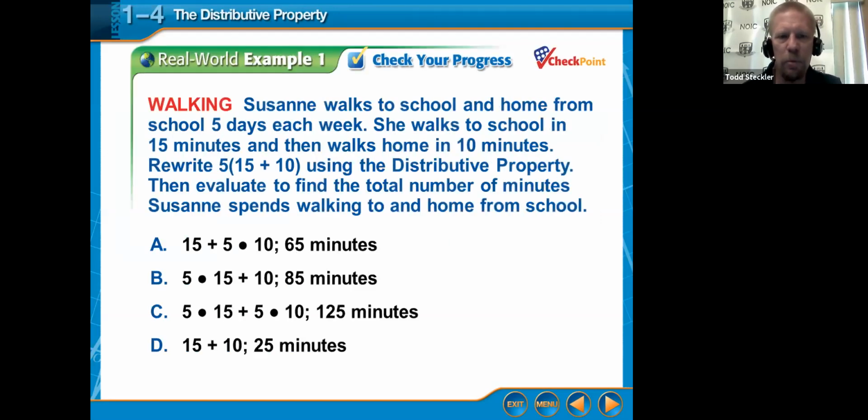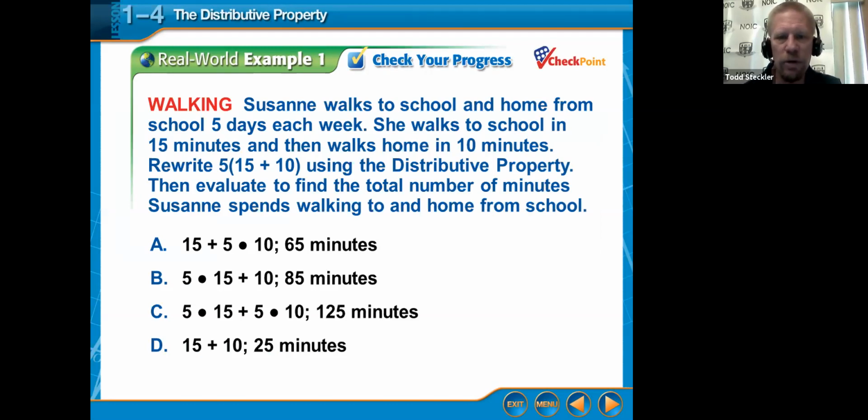Let's work out an example problem. So Suzanne walks to school and home from school 5 days a week. She walks to school in 15 minutes, but then she walks home in 10 minutes.